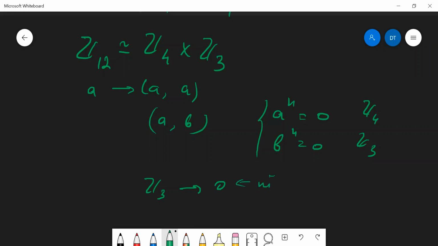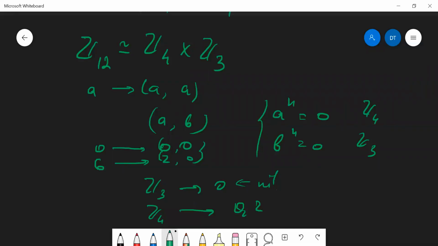That's a nilpotent element. What about Z4? 0 and 2. What are the possible pairs? (0, 0) and (2, 0). So that's all nilpotent. This corresponds to 0 and this corresponds to 6. So this is how to find all possible nilpotent elements using the Chinese remainder theorem.